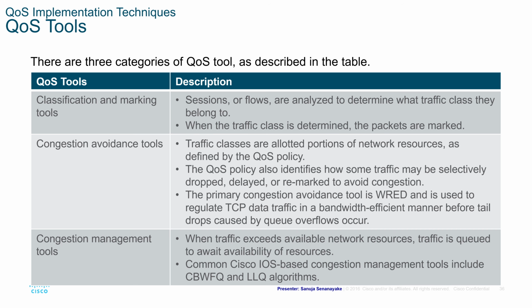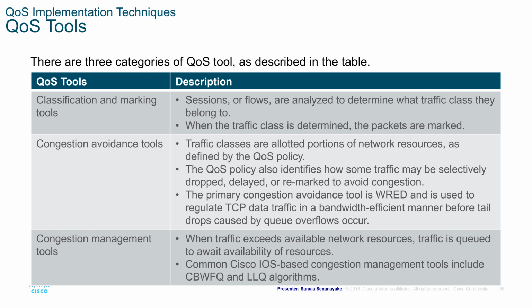So that is the classification and marking tools. Congestion avoidance tools: the traffic classes are allocated portions of the network resources as defined by the QoS policy. The QoS policy also identifies how some traffic may be selectively dropped, delayed, or remarked to avoid congestion.